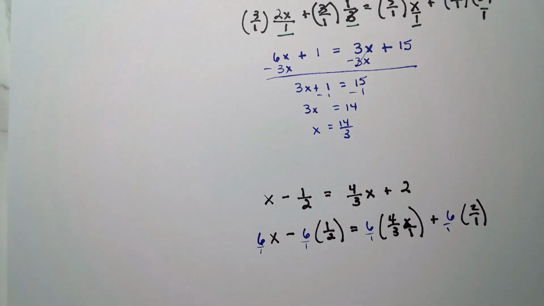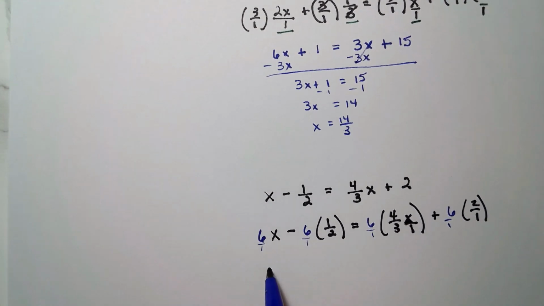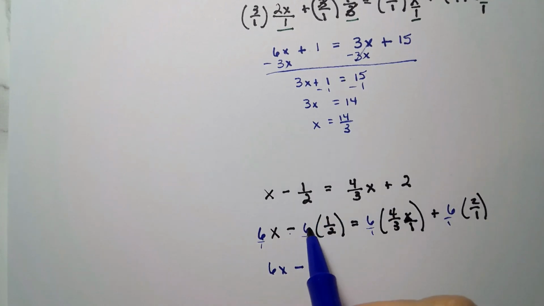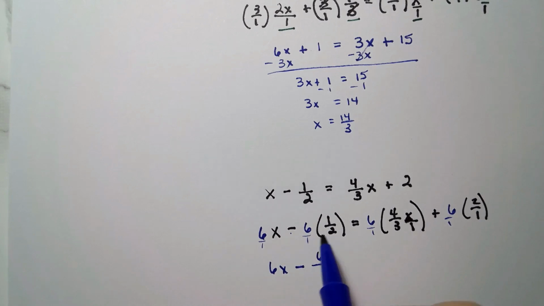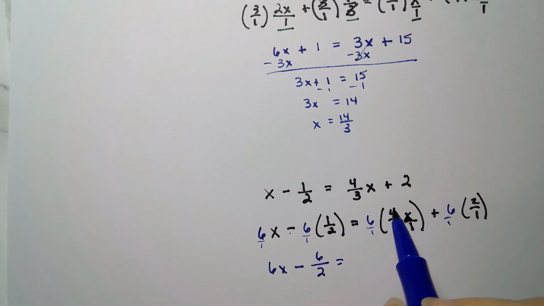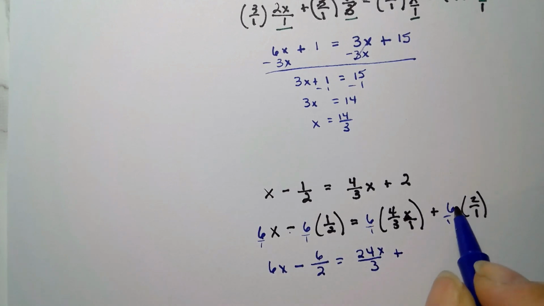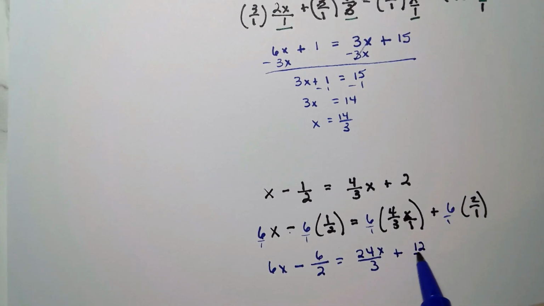Nothing to cancel here, so 6 times x is 6x, bring down the minus. Now I'm not going to reduce yet, I'm just going to multiply. So 6 times 1 is 6, over 1 times 2 is 2, is equal to 6 times 4 times x is 24x, over 1 times 3 times 1 is 3, plus 6 times 2 is 12, over 1.